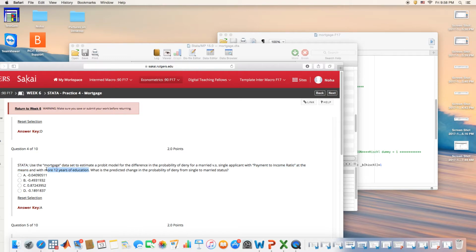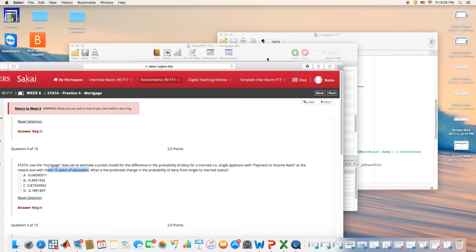So we are adding now the impact of education. And you would expect that the gap between a single and married would be higher when the person has education.